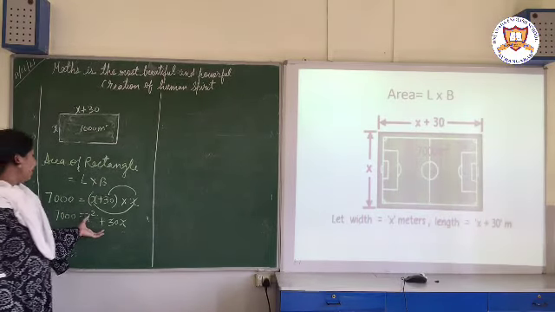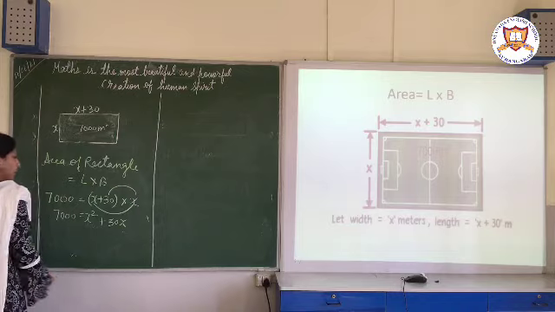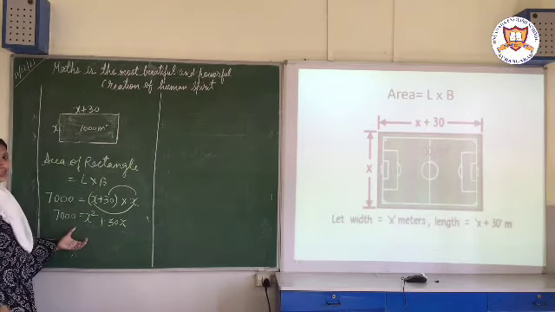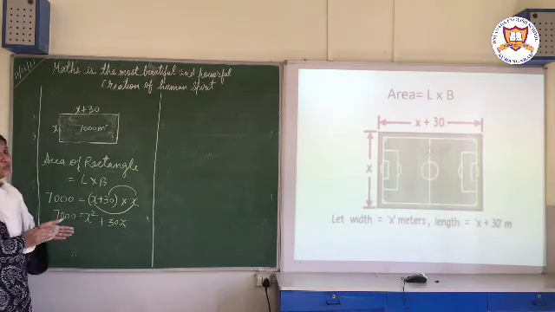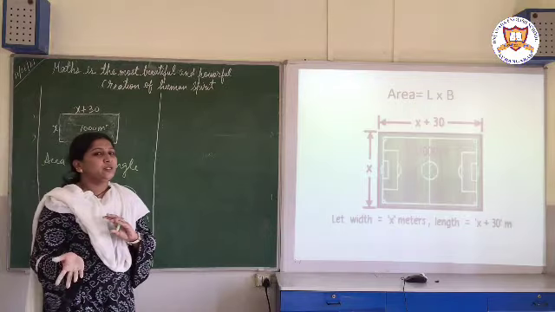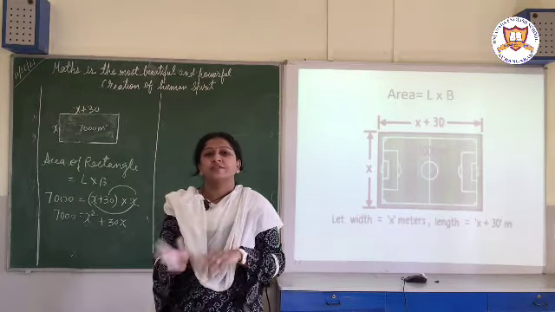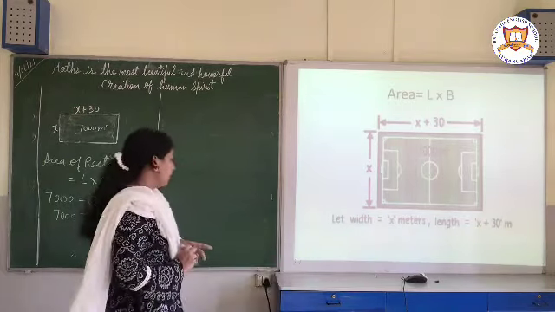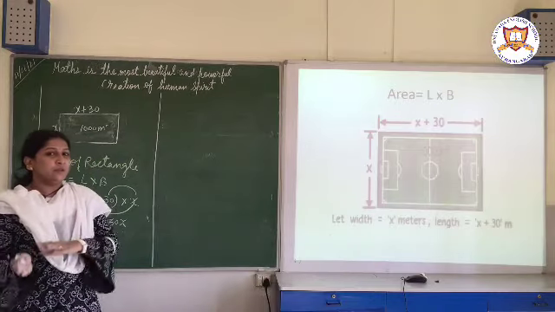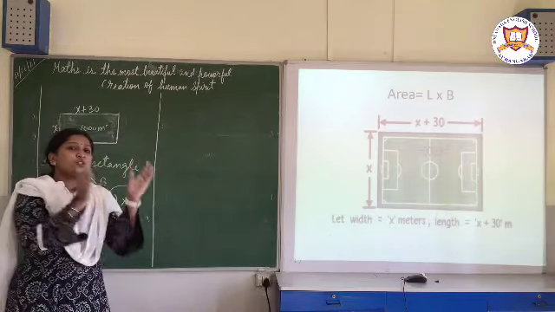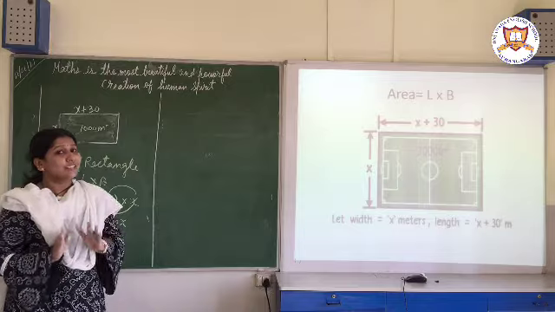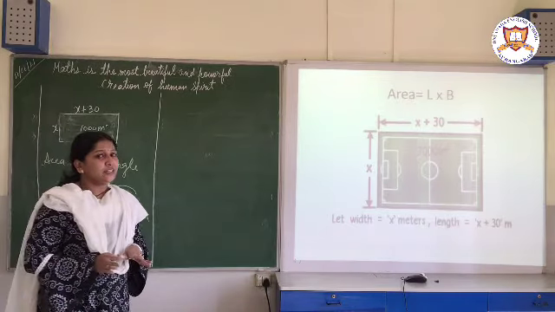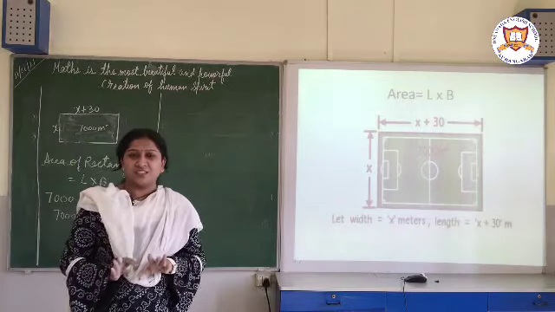Now we want to make it a quadratic equation. So how can it be done? Students, you must know the difference between interchanging and transposing. Interchanging is just keeping a thing from one place to another place. While interchanging, no signs are changed.